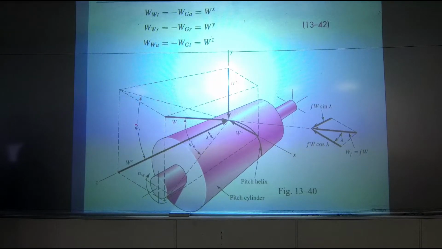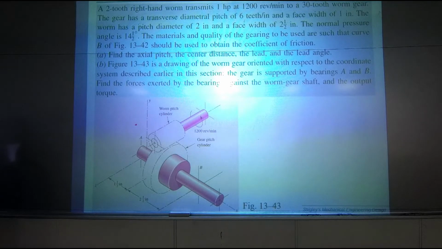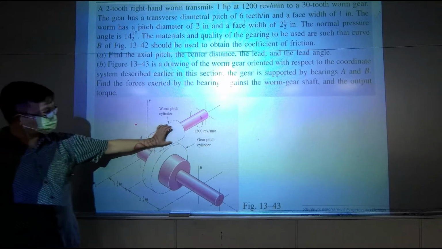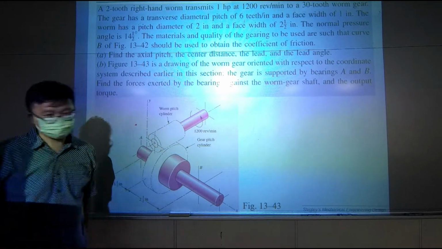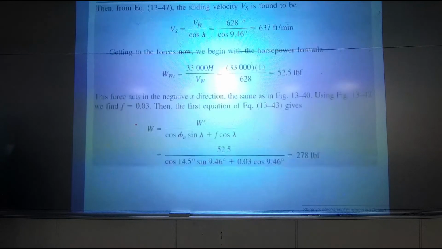So I don't want to spend too much time. I think it's enough for us to understand what happened. And just a quick diagram of how worm gear sets look like. Okay, this is the one that looks like a worm, and this is the gear. Okay, and the force between them also follows an angular direction.